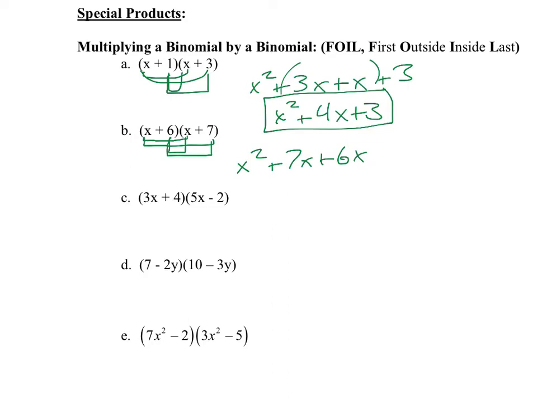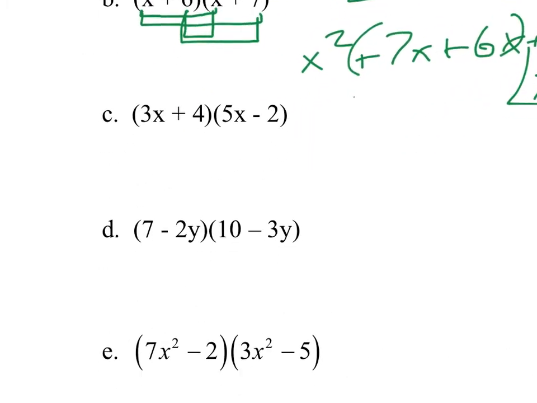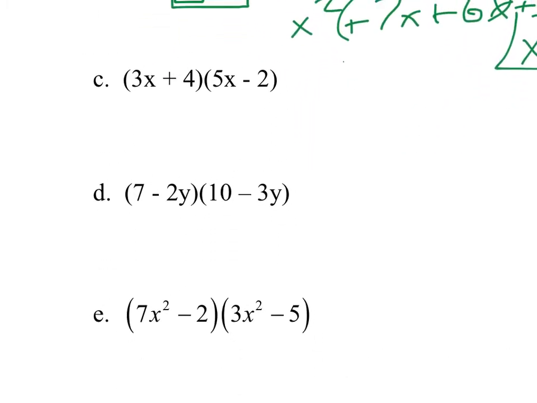So that gives me 42. So now we add the two middle terms. And we end up with x squared plus 13x plus 42. And there we are. All right, I'm going to blow this up a little, give myself a little more room.